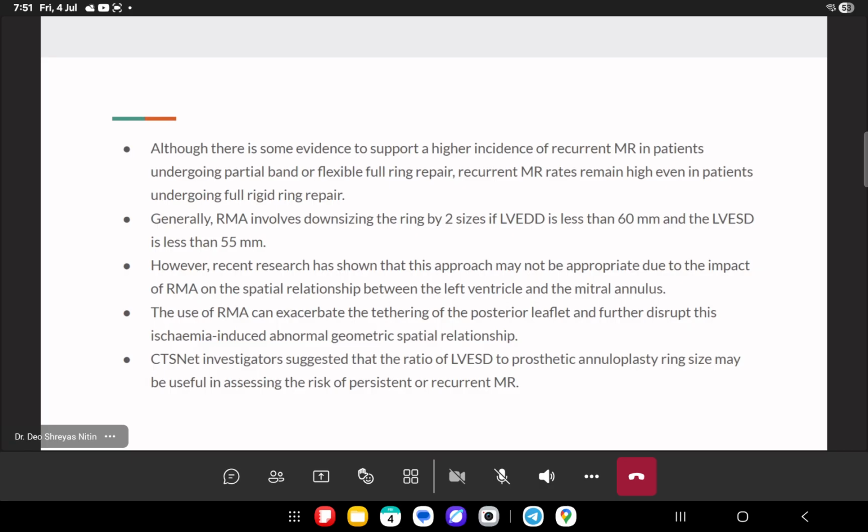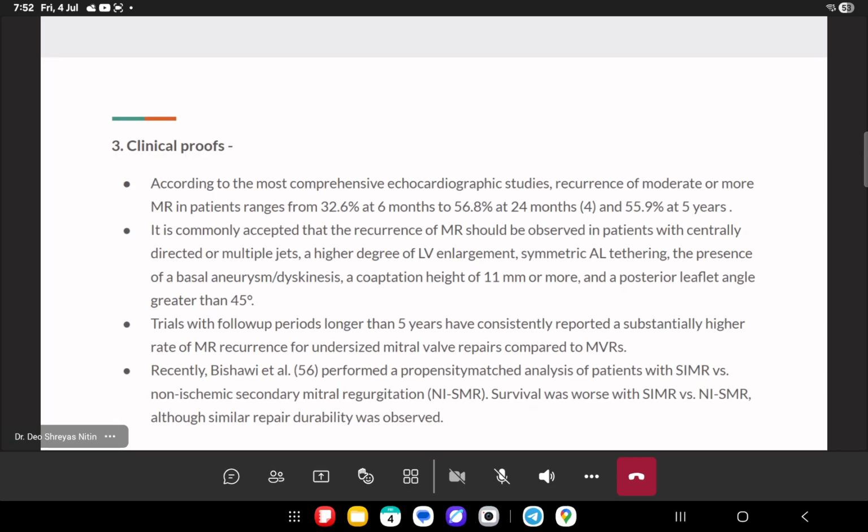The use of restrictive mitral annuloplasty can exacerbate the tethering of the posterior leaflet and further disrupt this ischemia-induced abnormal geometric spatial relationship. CTSN investigators suggested that the ratio of left ventricular end-systolic diameter to prosthetic annuloplasty ring size may be useful in assessing the risk of persistent or recurrent mitral regurgitation.